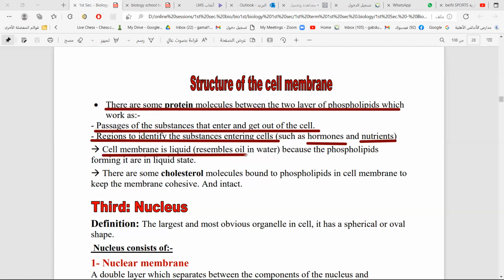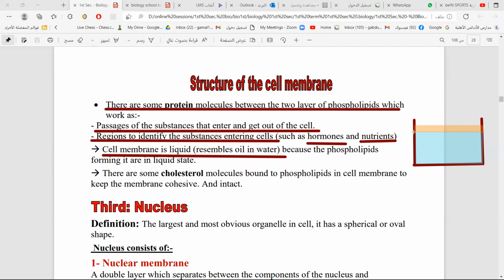The cell membrane is like a liquid. It resembles the oil layer over a liquid layer or a water layer, like this. Because it is made of phospholipid, it resembles the oil layer over a liquid layer. If you have water like this and you have oil above it like this, the oil is similar to the plasma membrane.